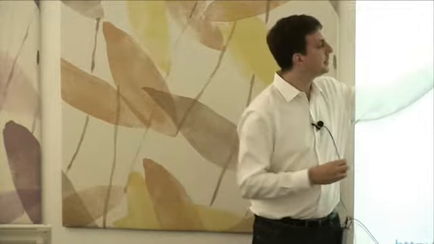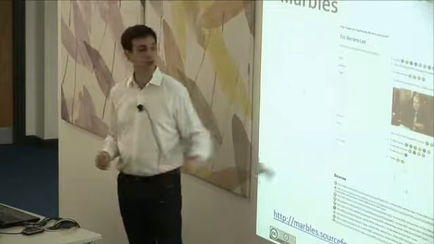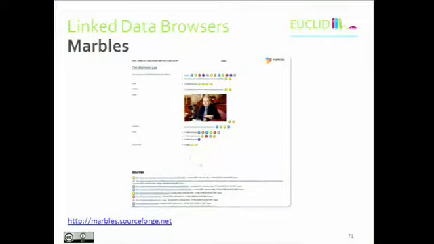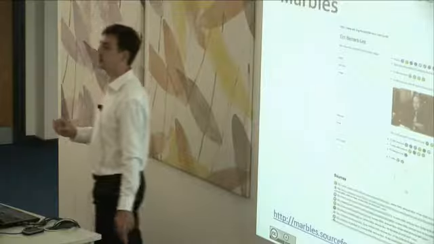And it's called Marbles because when it collects a piece of data to display, it displays it with some visual representation of the provenance of that information, where it came from. These little colored dots in this browsing view, each called marbles, the color represents from which source, from which data set, that data that's been represented comes.